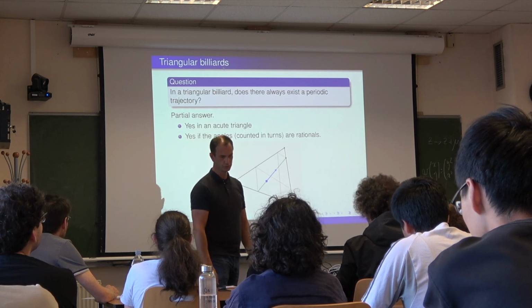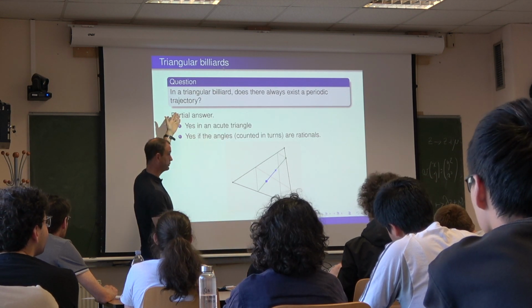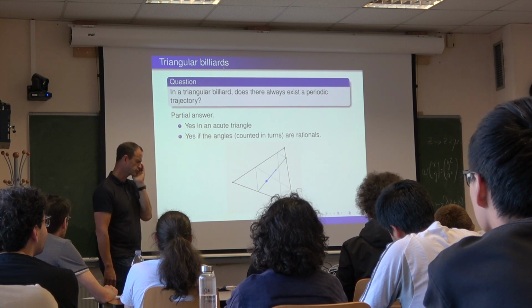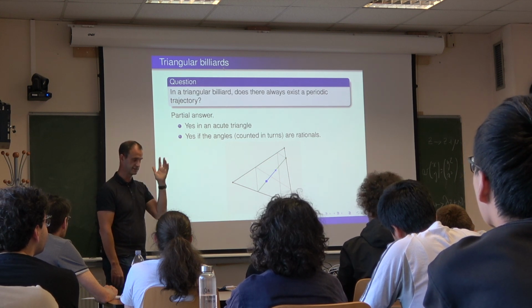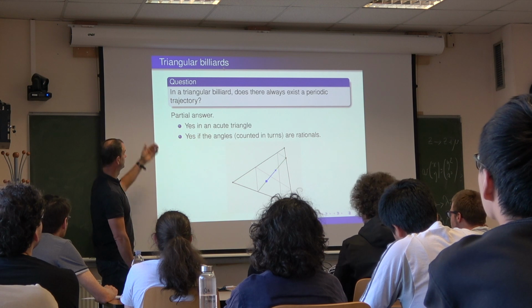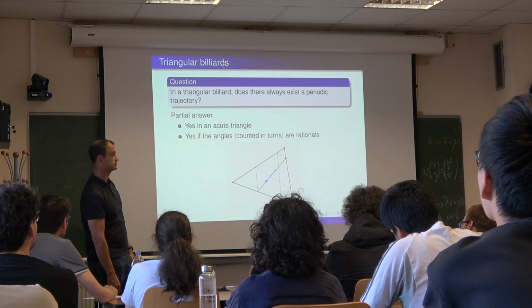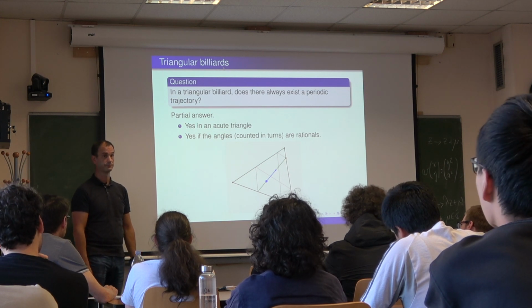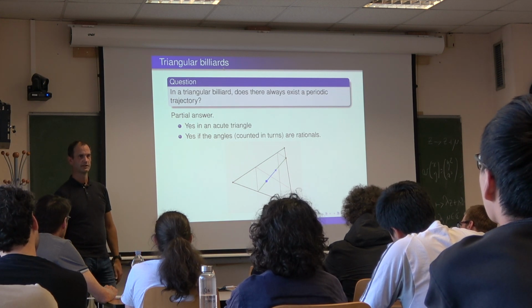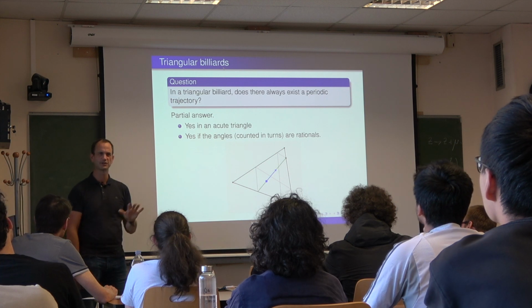If you go to a completely open question, well, there has been work on it. In a triangular billiard, does there always exist a periodic trajectory? The answer is not known. There is a prize for it, which is not much.